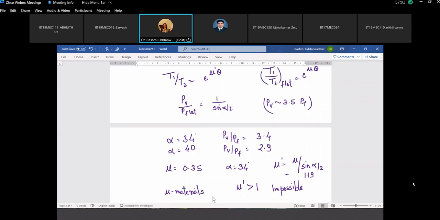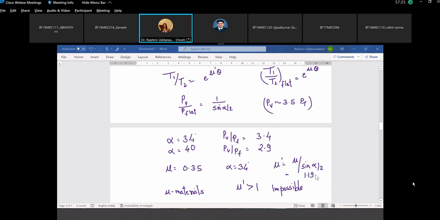It doesn't depend upon the groove angle. Do you agree with me? So since this depends only upon the material, you can never have a value of mu greater than 1.